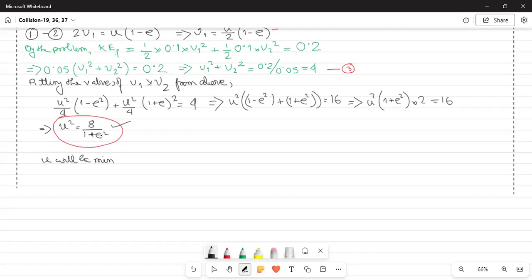And what is the maximum value of e? Maximum value of e is 1.